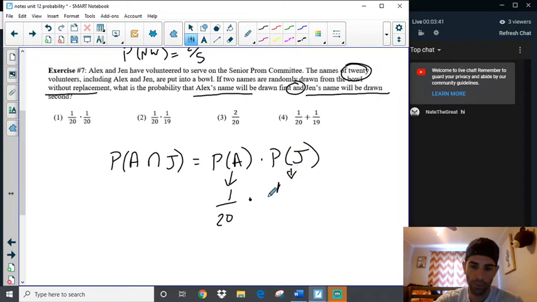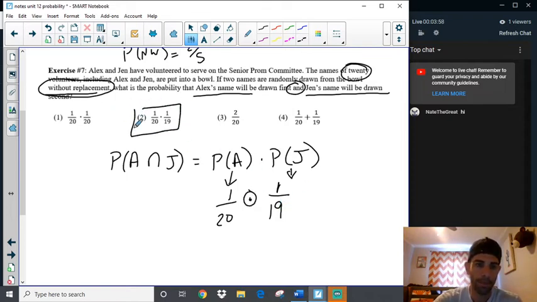There's 1 person, Jen. How many volunteers are left? It's not going to be Alex again because it's without replacement, which means once Alex comes out, he's not in there anymore. So it's 1/20 and then 1/19, and we multiply. It wouldn't be choice 1 because that would be replacing Alex. This doesn't make any sense. And this one, remember, OR is usually when you add, so that's why we're not using addition.